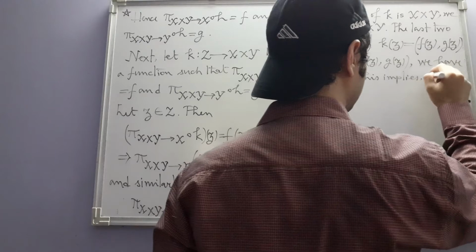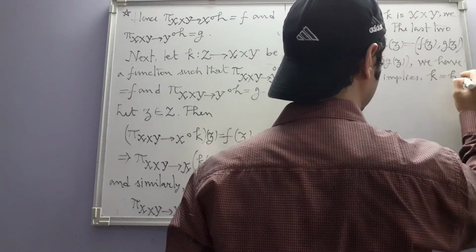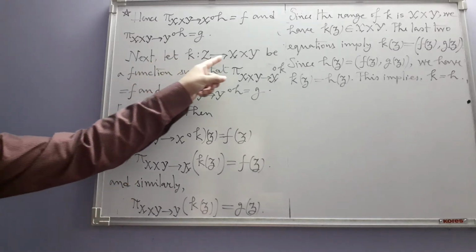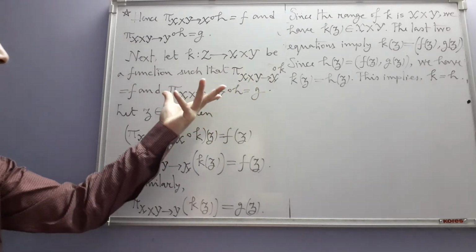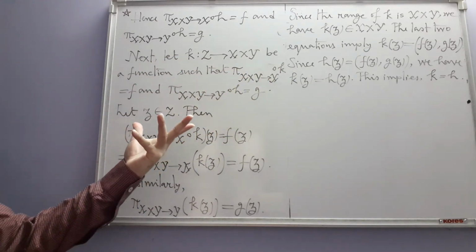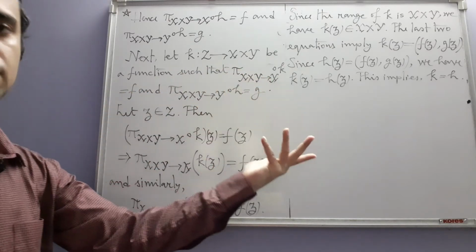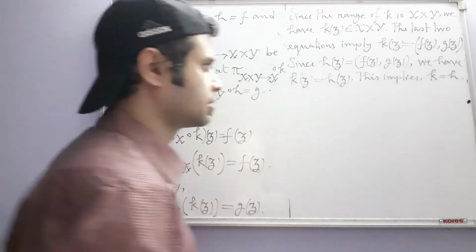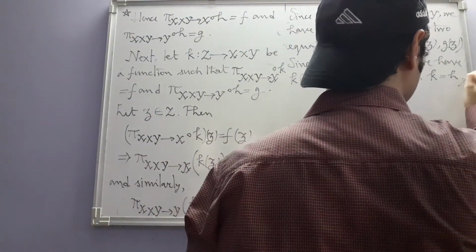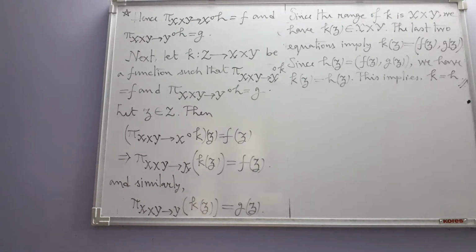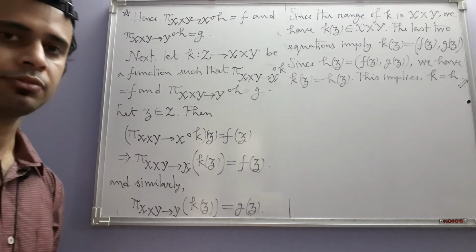This implies K is equal to H. That is, a function from Z into X cross Y that satisfies these two equations is unique, that is H itself. H is only one such function, and because of the uniqueness of H, we were able to give it a name, namely direct sum of F and G.